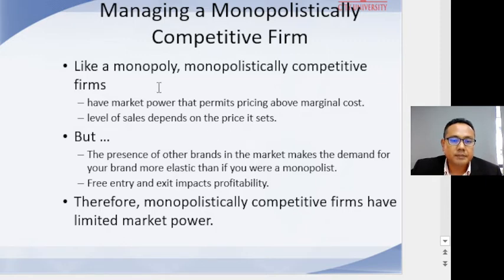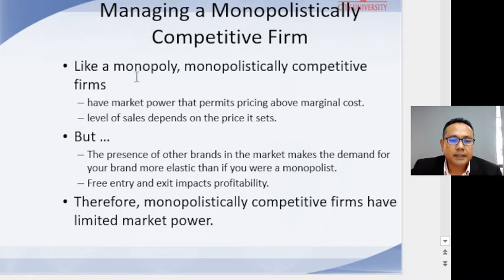Managing a monopolistically competitive firm. Like a monopolist, a monopolistically competitive firm has market power that permits pricing above marginal cost. You have to take note of the difference between monopoly and monopolistically competitive firm. A monopolistically competitive firm is in between a monopoly and a perfectly competitive firm or market.